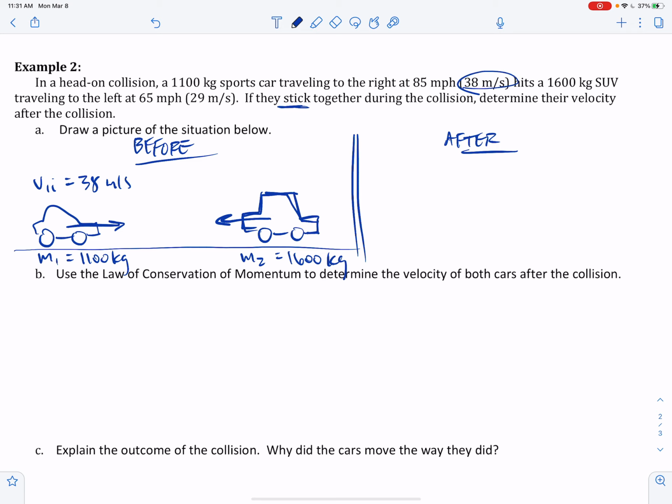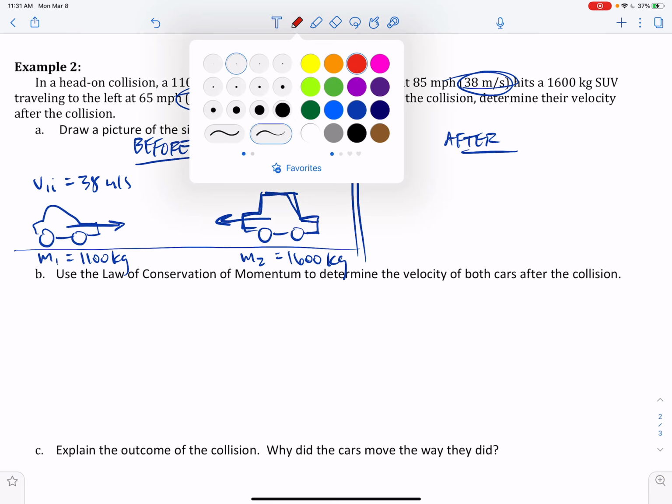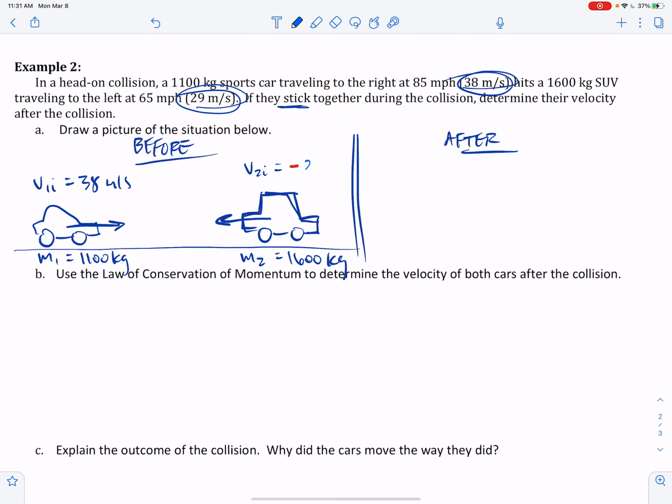And the initial velocity of the SUV, V2 initial, is 29 meters per second, but I want to show that it's moving to the left mathematically, so I'm going to call that negative 29 meters per second.